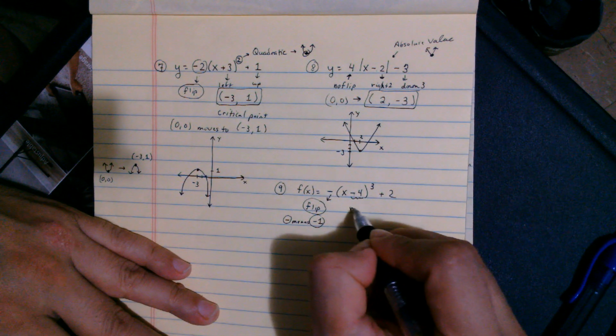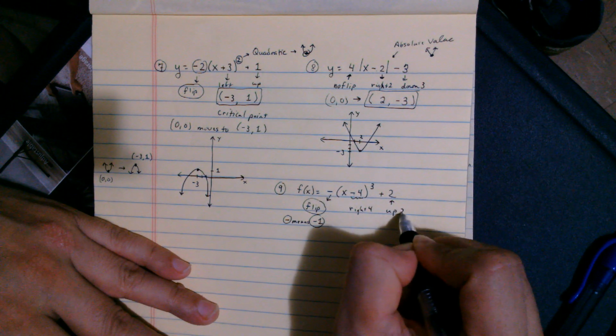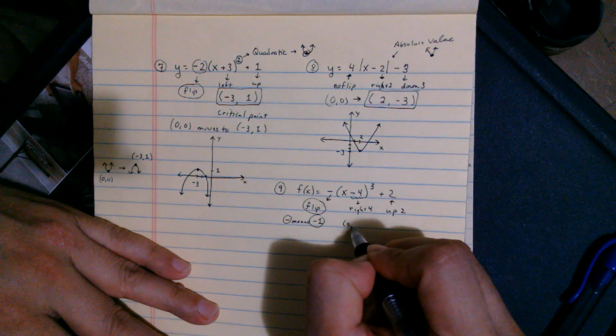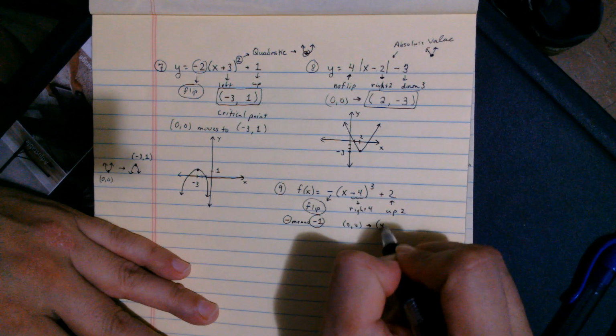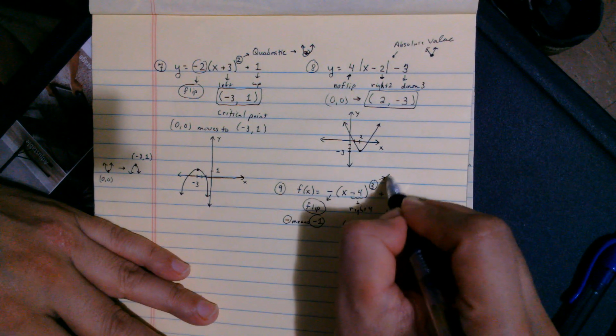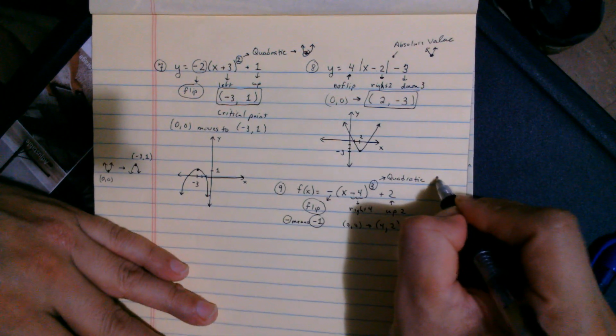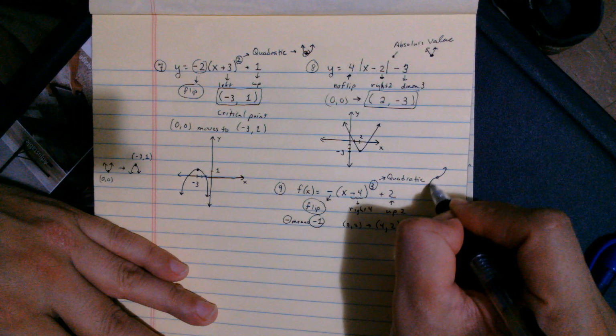This means to the right. This means up. So the point 0, 0 is going to move to the right, and it's going to move up. This is your quadratic. So this is this guy.